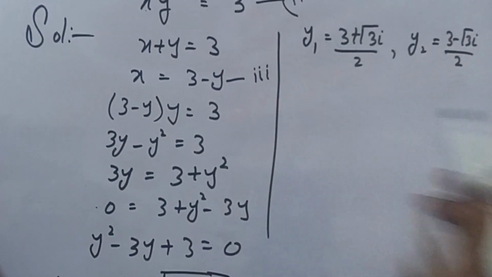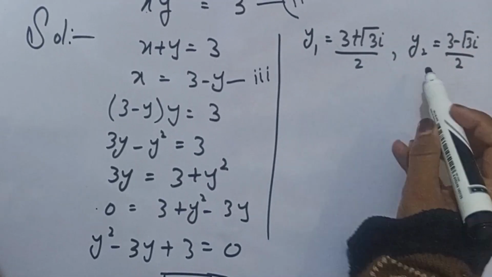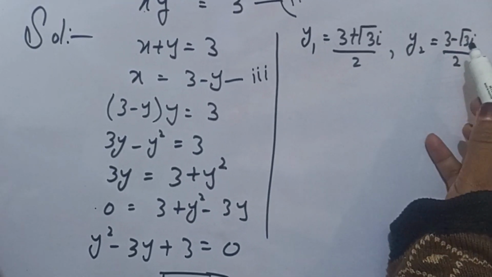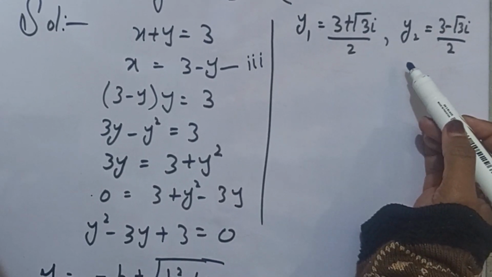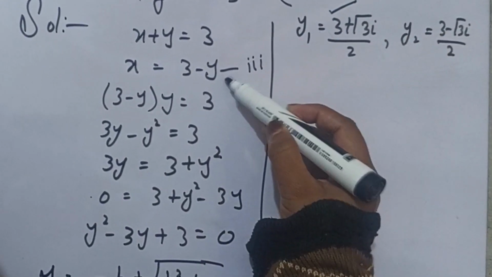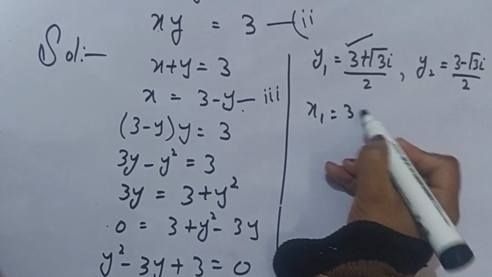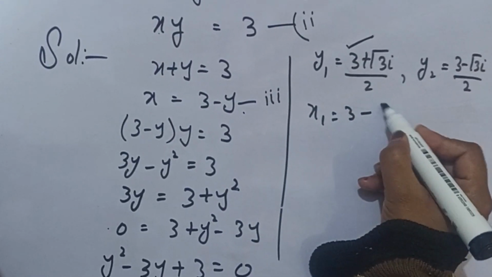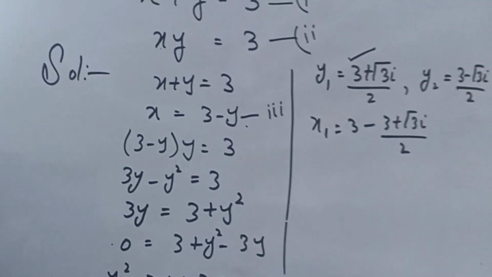Now we get the two values of y. y1 is 3 plus square root 3 iota over 2, and y2 is 3 minus square root 3 iota over 2. Now we find the value of x. For this we put the value of y1 in this equation. So x1 is equal to 3 minus y, which is 3 minus 3 plus square root 3 iota over 2.